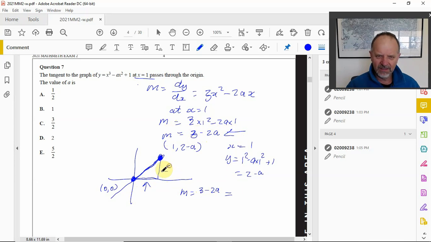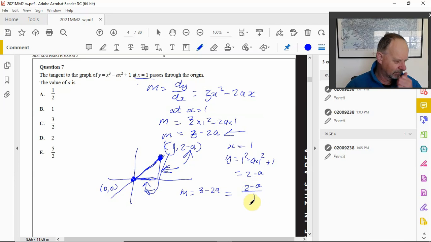The rise is 2 minus a, and the run is our x value there, 1. So then we've got 3 minus 2a equals 2 minus a, and when we rearrange things, we find that a is 1.